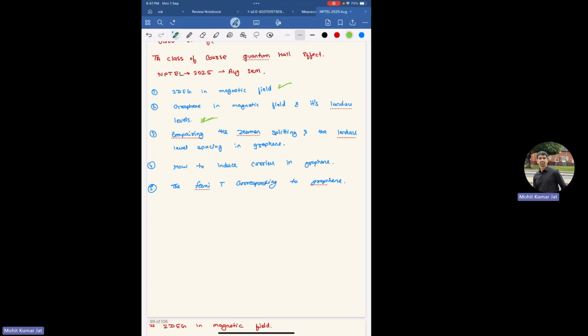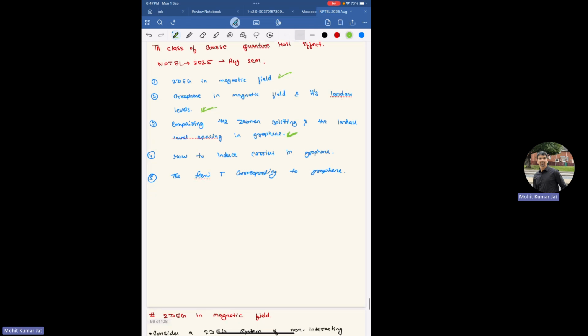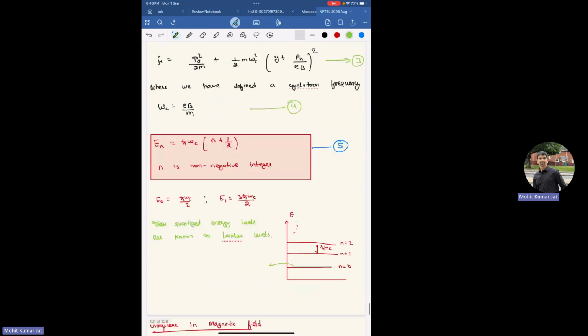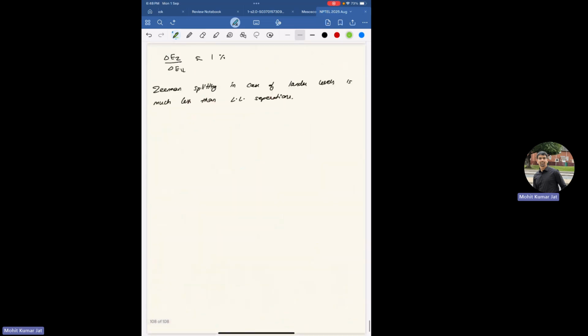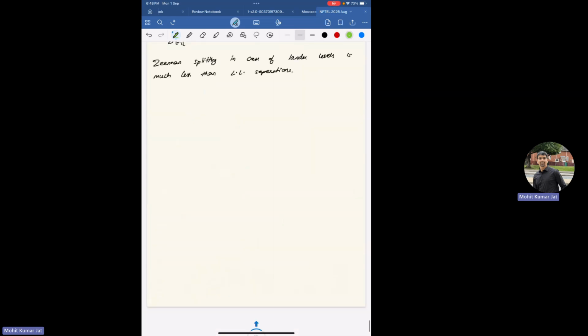So we have compared the Zeeman splitting and the Landau level spacing in graphene. Now, one more question we can ask is how to induce carriers in graphene.